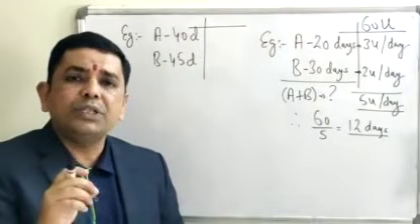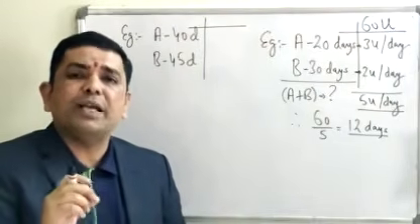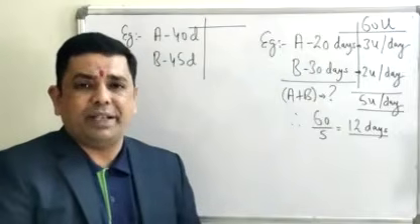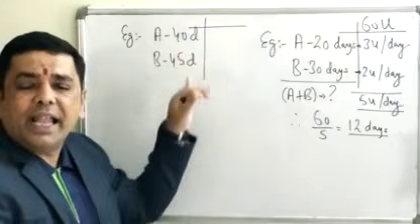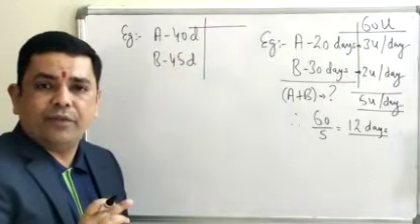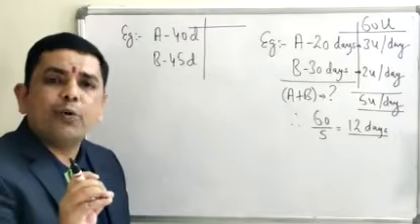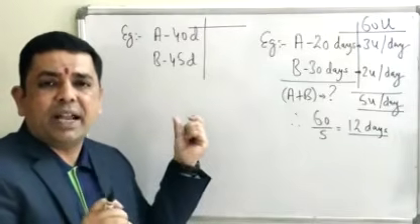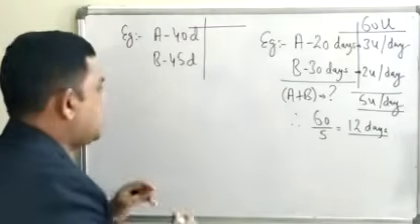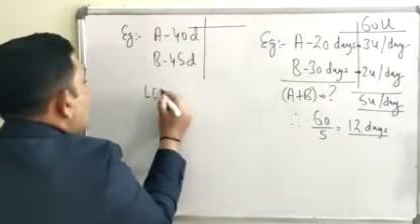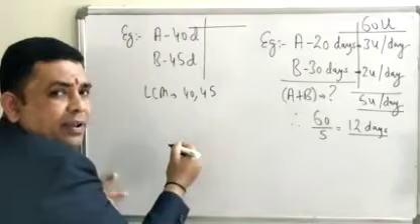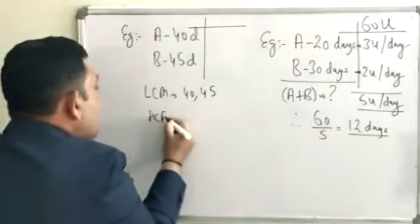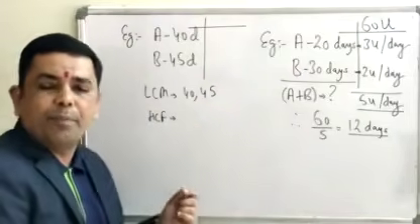As a student who is preparing for campus placement and for various competitive exams, I should be comfortable finding out the LCM of 40 and 45. Let me very quickly share how it is done, at least for two numbers. If you have to find out the LCM of 40 and 45, you first find out the highest common factor of the two numbers.